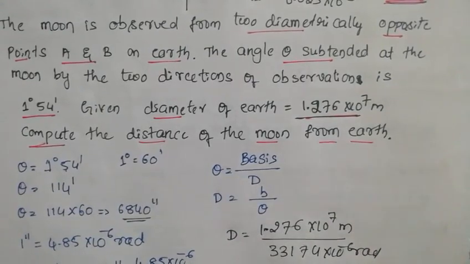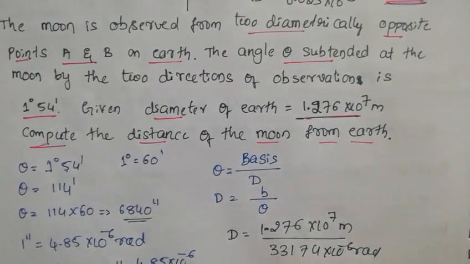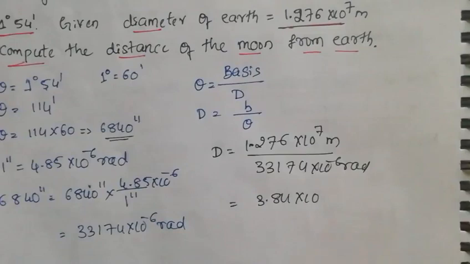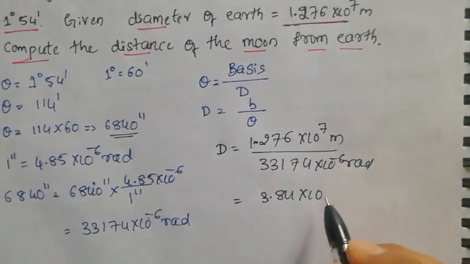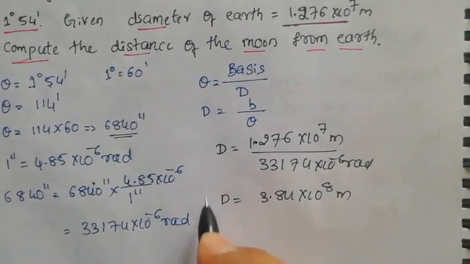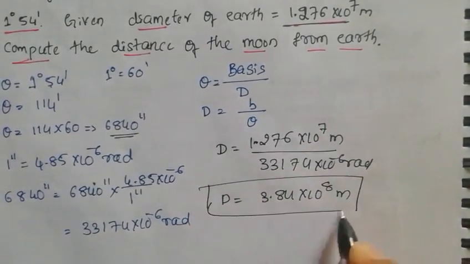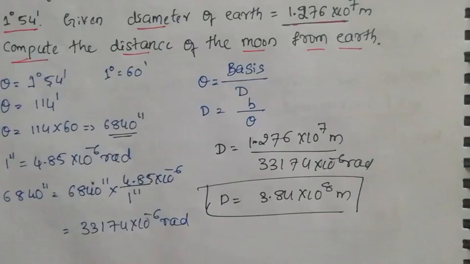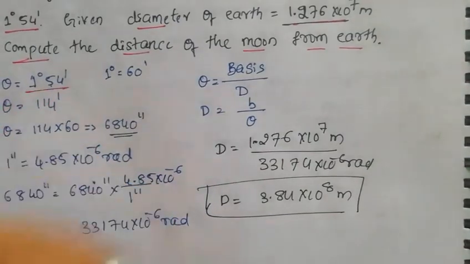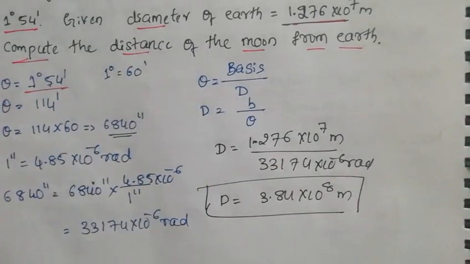If you simplify this answer, you get 3.84 into 10 power 8 meter. That is the distance of the moon from the earth, making an angle of 1 degree 54 minutes.